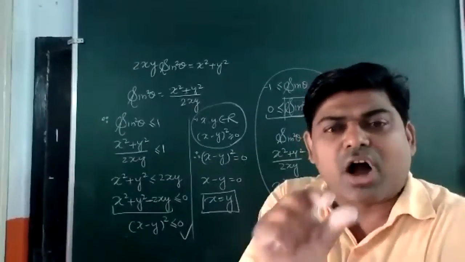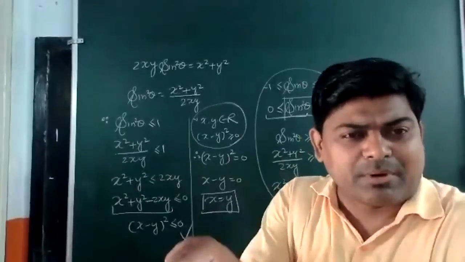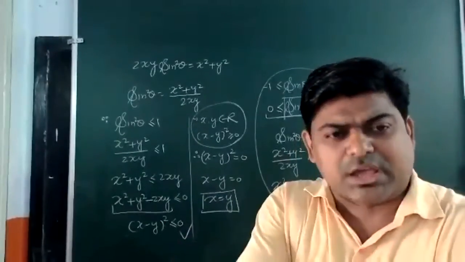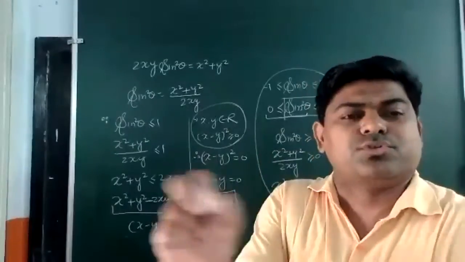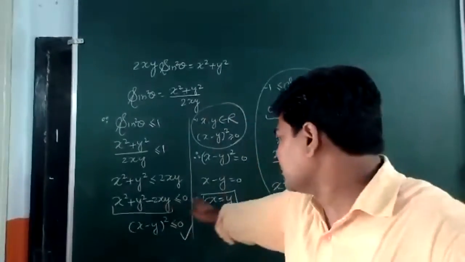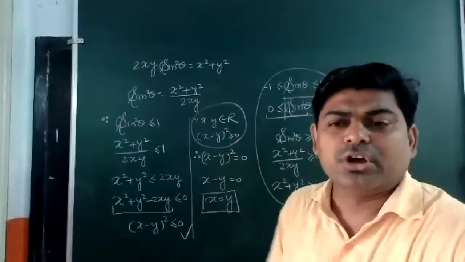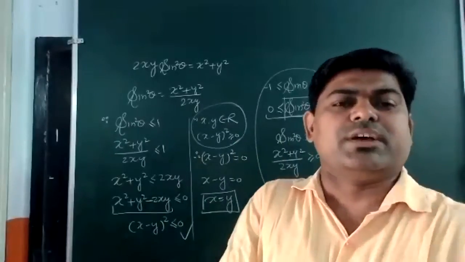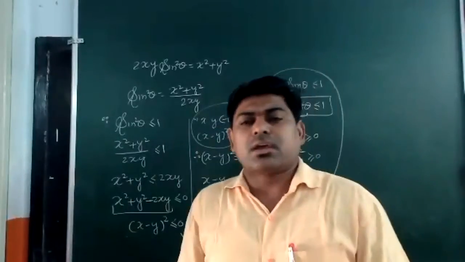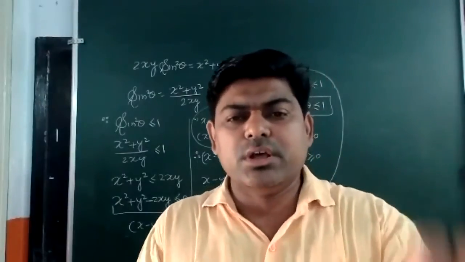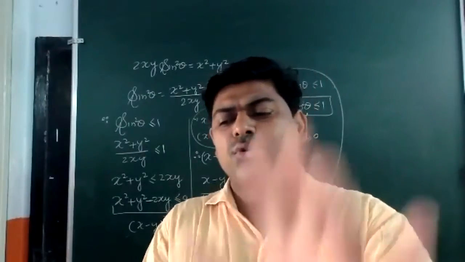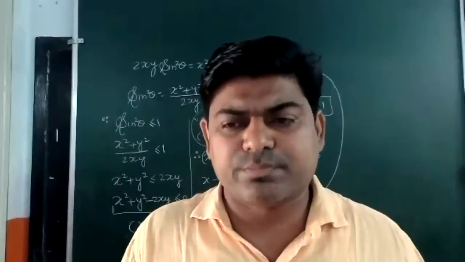So the common between both will be applicable, and the common is only one thing, that is equal to 0. I took x minus y equal to 0, then I got x is equal to y, and that is the question. It is possible only when x is equal to y, otherwise it is not possible.